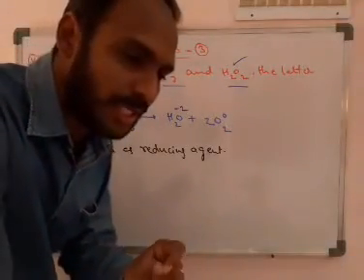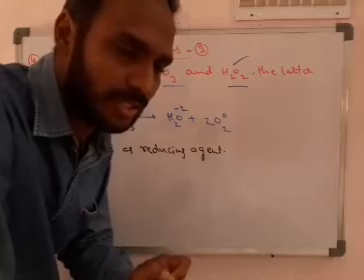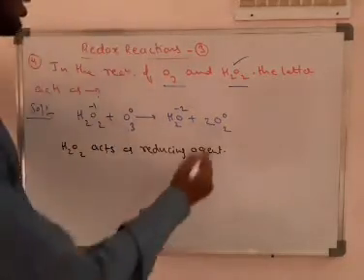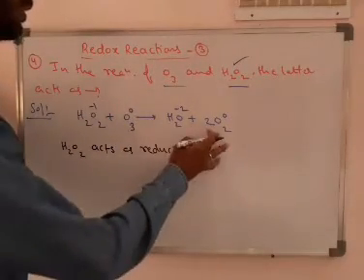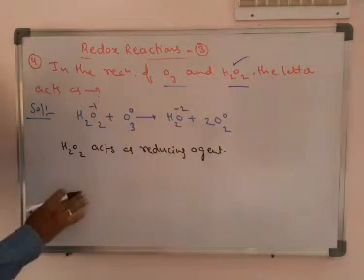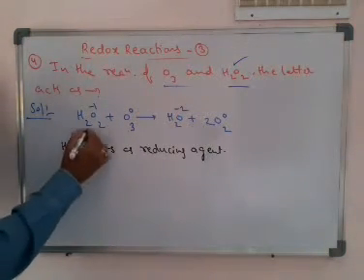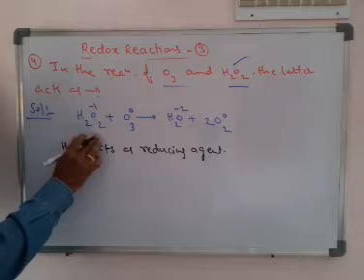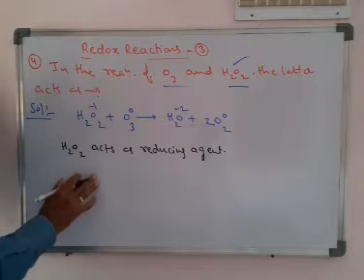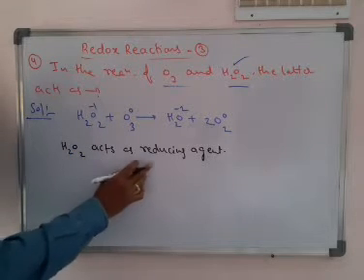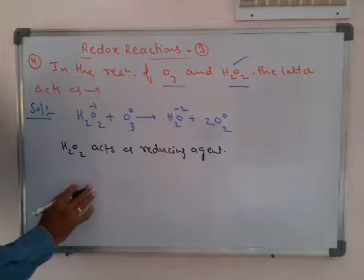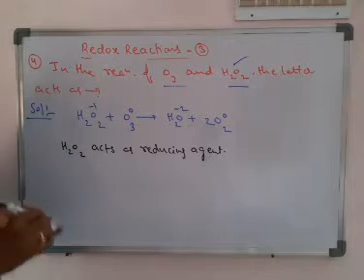The important thing in this reaction is that the oxygen obtained is from hydrogen peroxide. So H2O2 itself is oxidized, which means it works as a reducing agent.